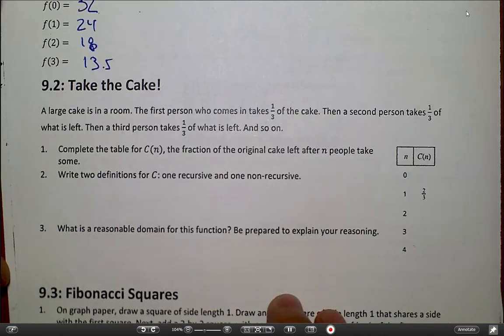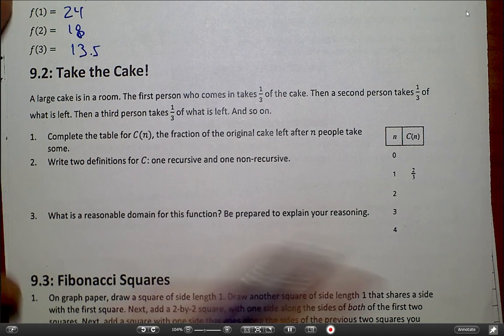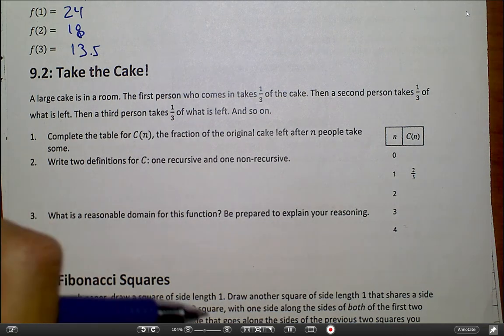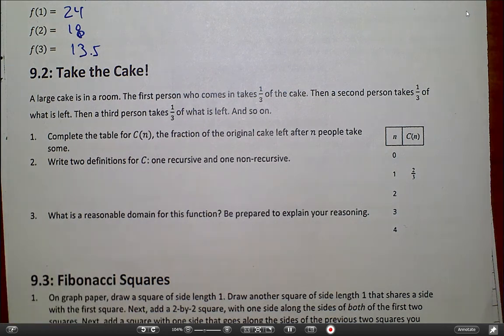Now for this one right here, take the cake. This is a kind of hard concept to understand. It is a super hard concept for most people because if the first person takes 1/3 of the cake, and each person after that also takes 1/3, how many people actually get cake? 3.